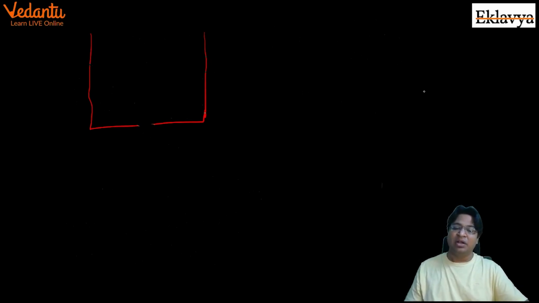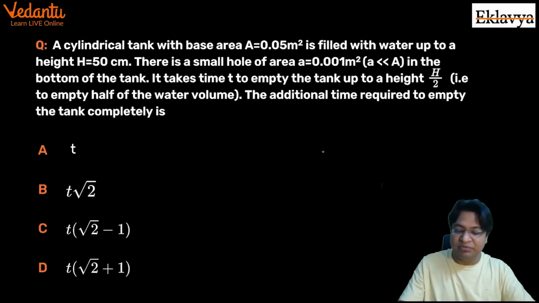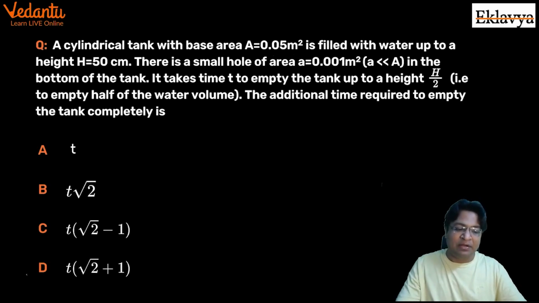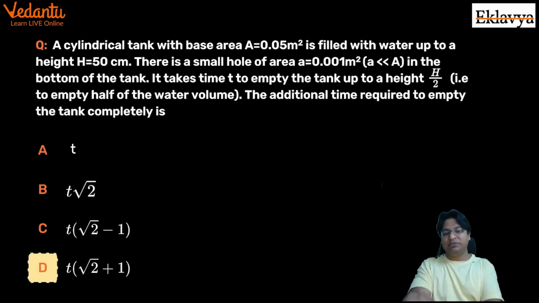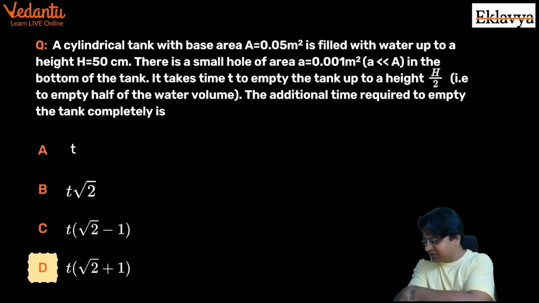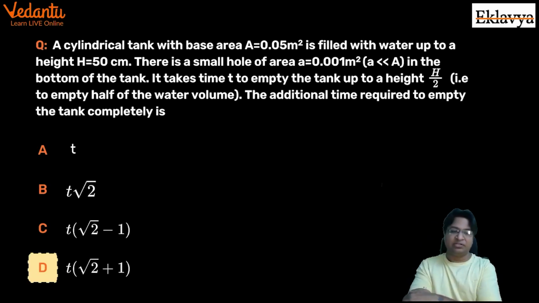You can rationalize this, and when you do that, you get root 2 plus 1 upon 1. So T prime would be T times root 2 plus 1. So option D would be the right answer here. So that was question number 48 for you.